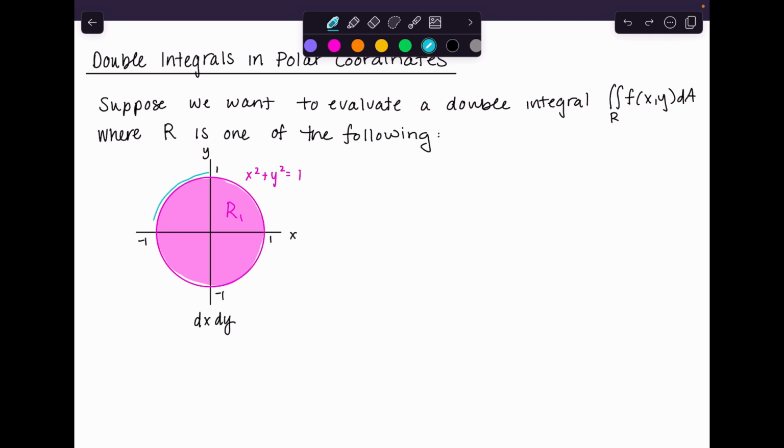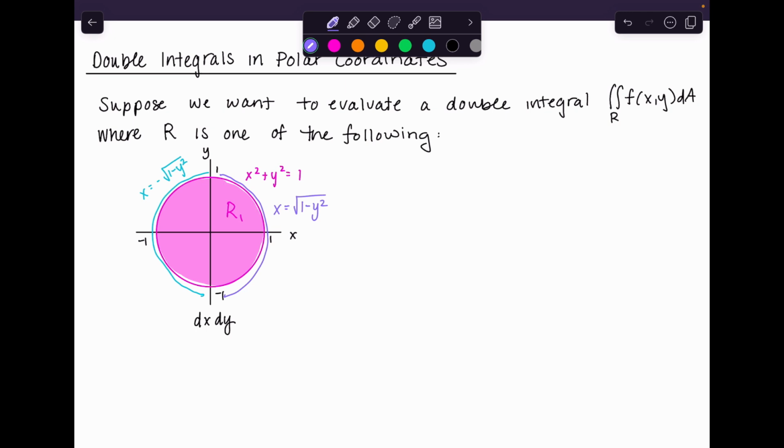Over here, this would be the left half of the circle, negative square root of 1 minus y squared. And the right half would be x equals the positive square root of 1 minus y squared. That would be potentially disgusting when you then go to integrate with respect to y at the end.